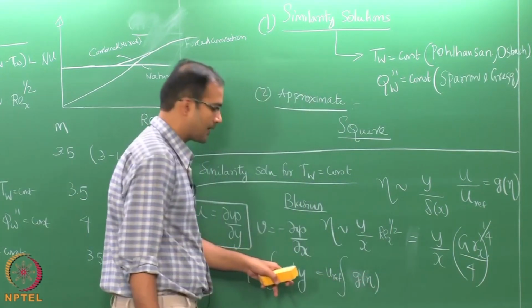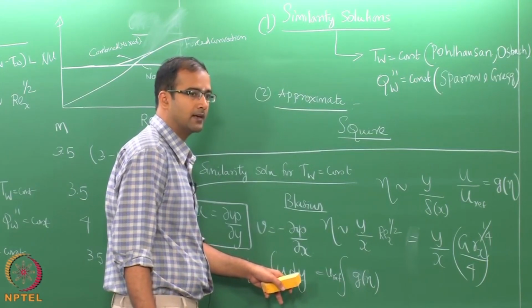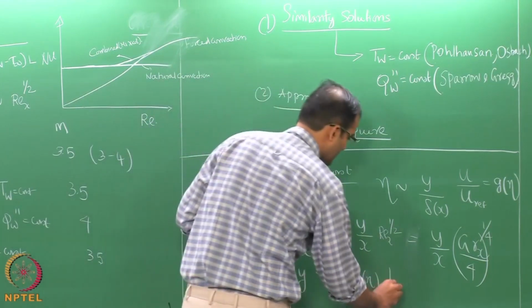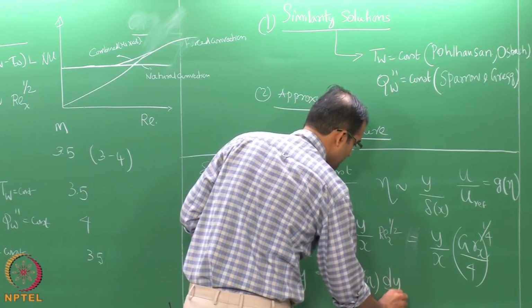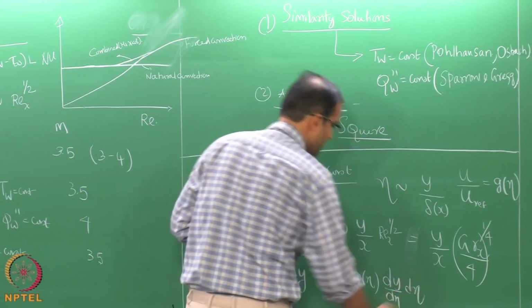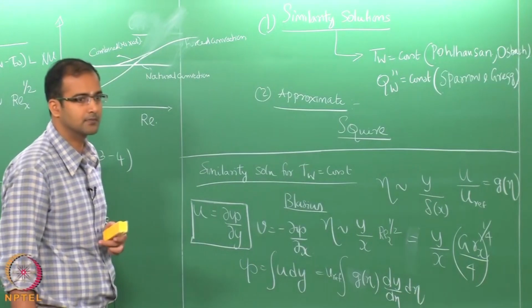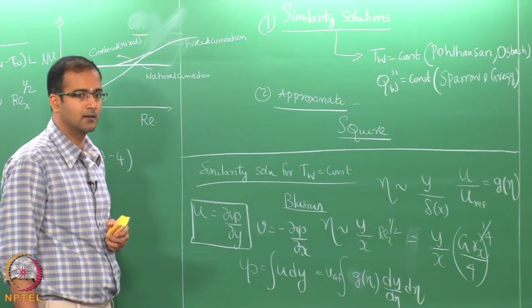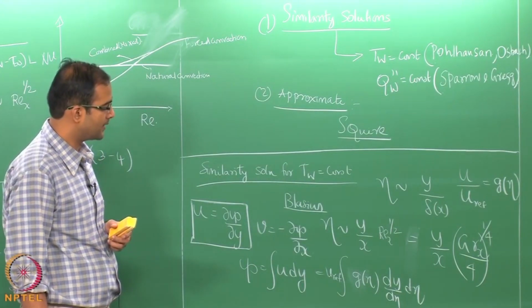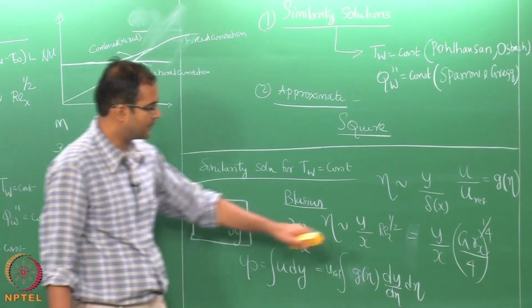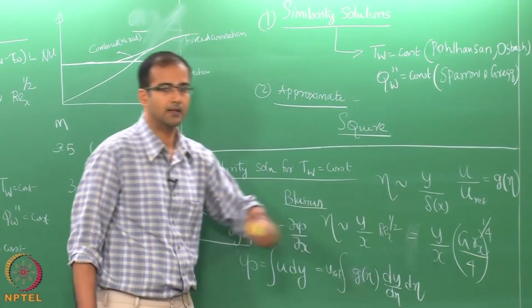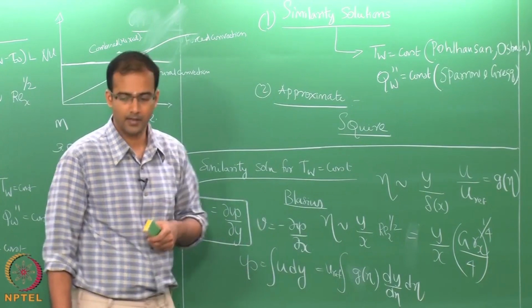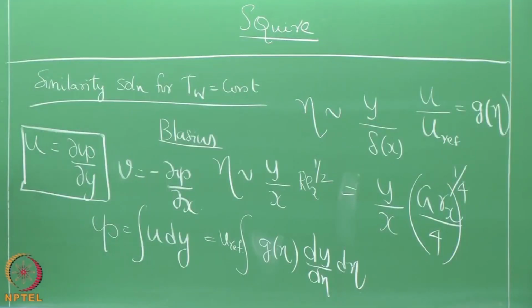Now we have to transform the variable y in terms of eta. So, we will write this as dy by d eta into d eta, correct, and dy by d eta can be expressed from the similarity variable here. Okay. Now, if you do that, I will just give you what will be the expression for psi.